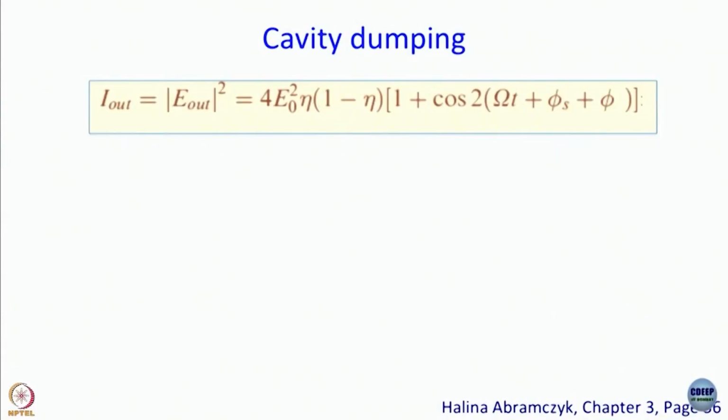Earlier it was multiplied by square root of 1 minus eta already, so now it is multiplied by square root of eta. The next part of the math is not difficult, just manipulation. You do it, and this is the final result I am going to show you.